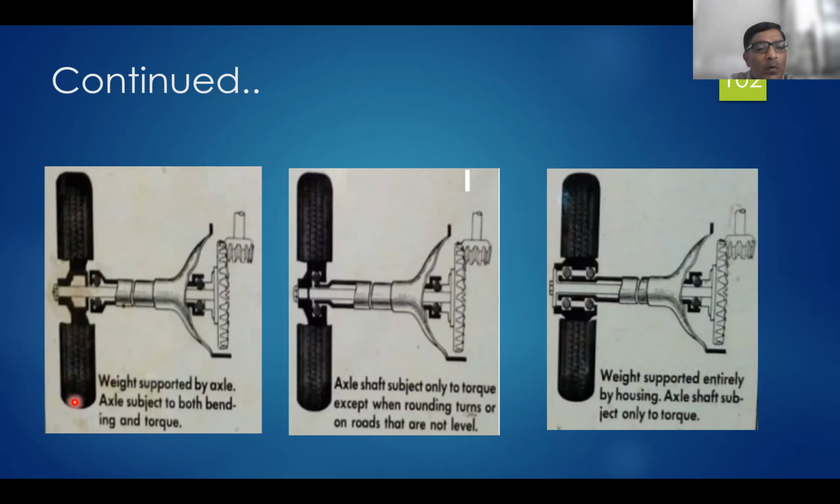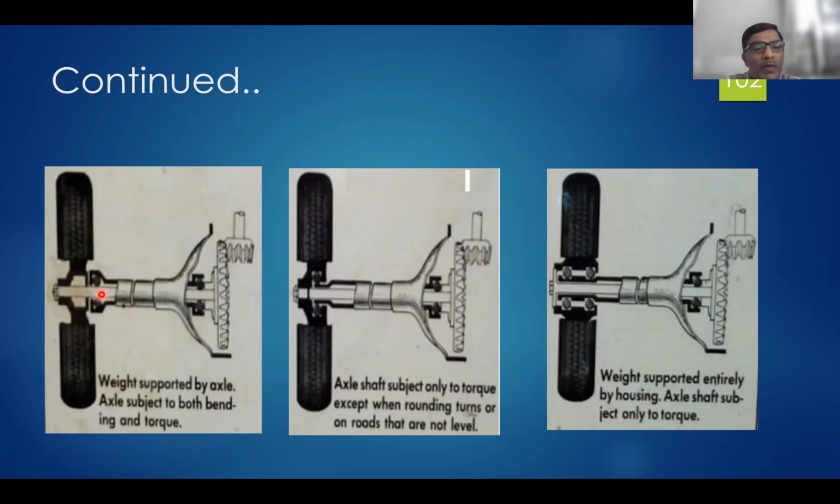So one question will be there. In case of semi-floating, weight is supported by the axle, or the axle in case of semi-floating axle system is subjected to. So options may be bending and the torque.